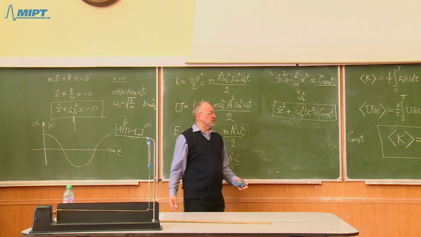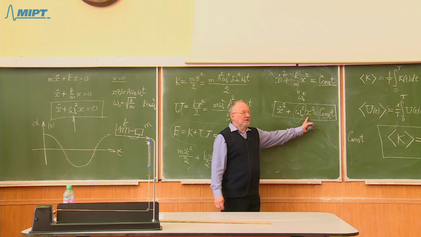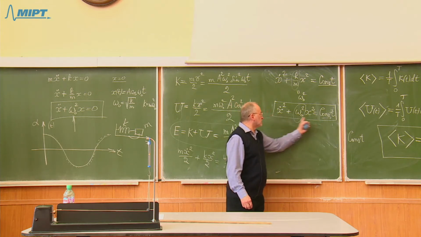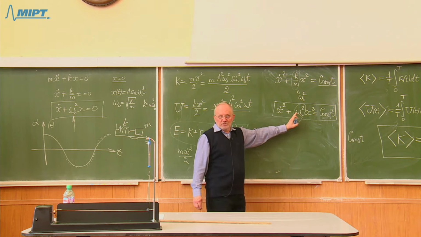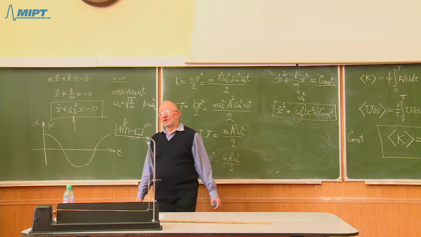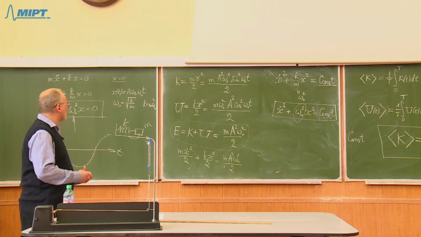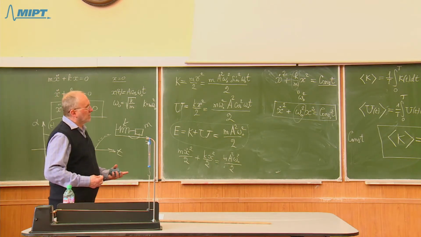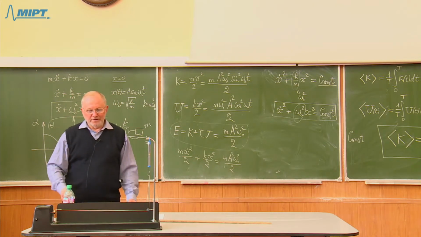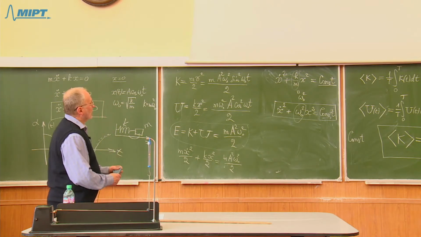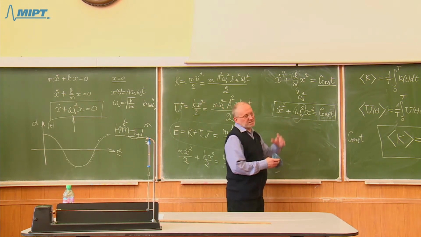Or sometimes it's much easier to consider kinetic energy and potential energy. And if I arrive at such an equation, then I will find the same frequency of oscillations, using two different approaches: either based on forces or based on energies. In any way, I can find this frequency.